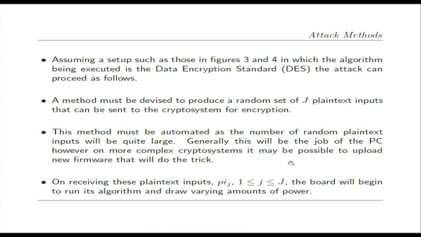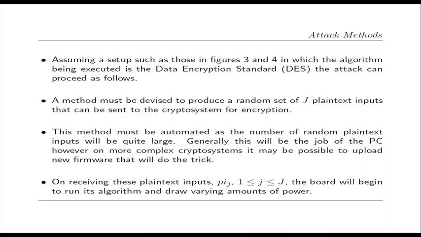So, we choose j many plain texts randomly, either by the PC or by some complex crypto system with new firmware. Why randomly? We will come to that. Why do we need this random plain text?